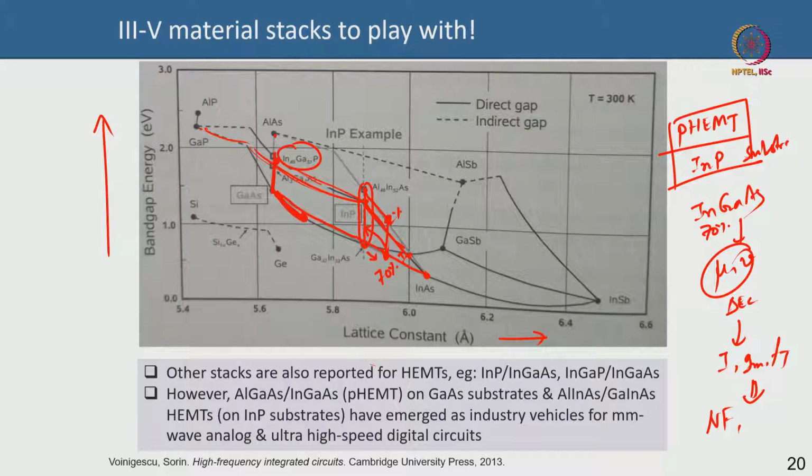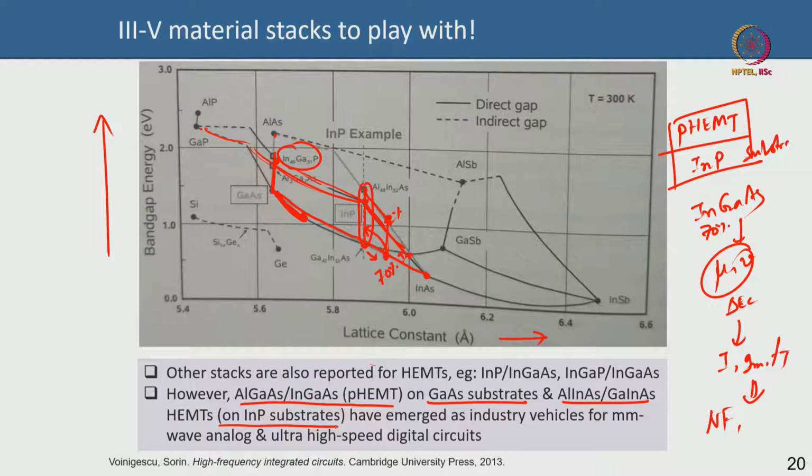This is precisely heterostructure or heterojunction band engineering, and you can get significantly better performance. This ability exists only in heterojunctions. However, commercial success is mostly with either AlGaAs/InGaAs pseudomorphic HEMT on gallium arsenide substrates or indium aluminum arsenide/InGaAs lattice matched HEMT on indium phosphide substrates.